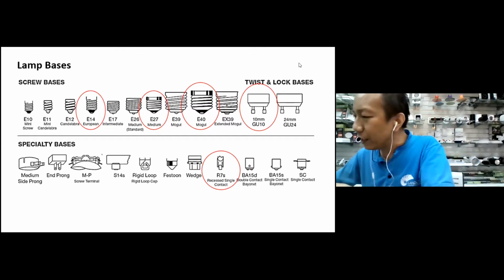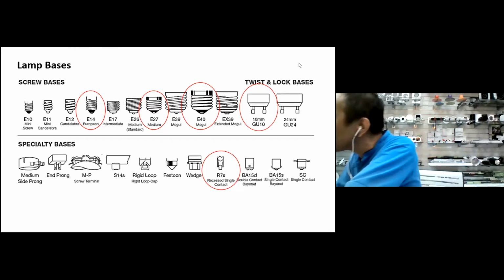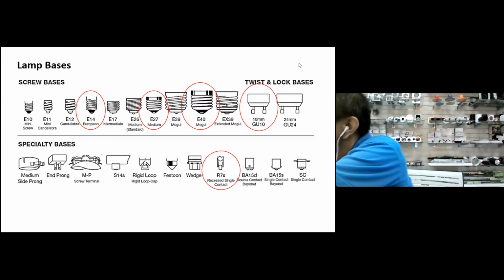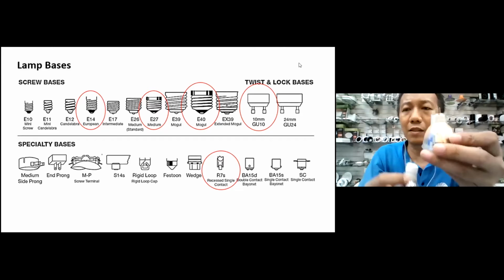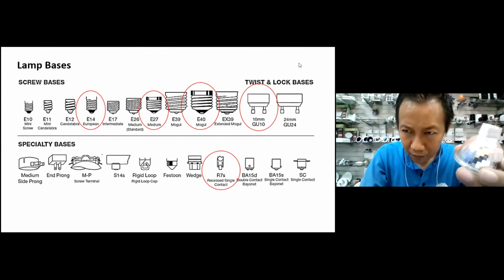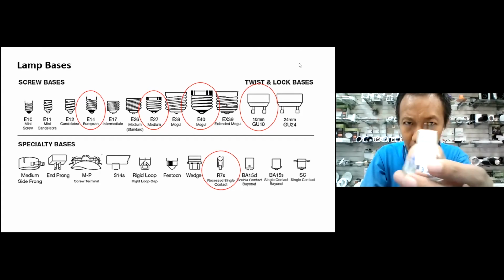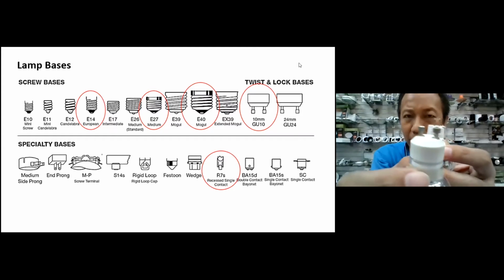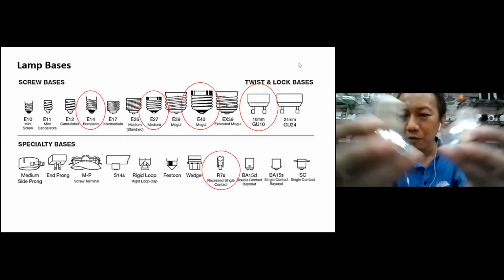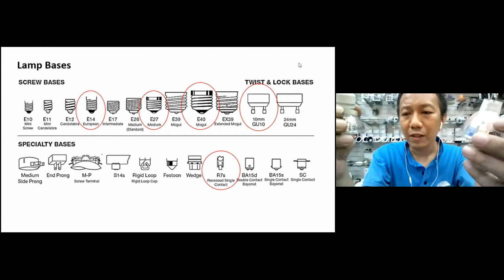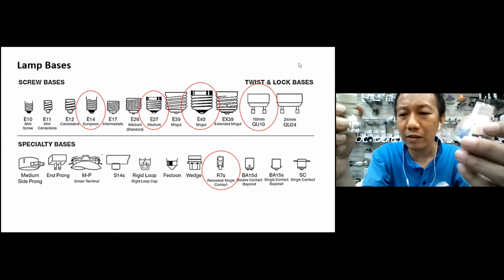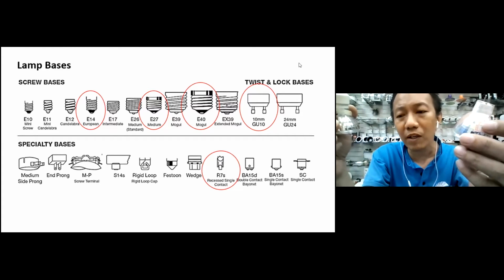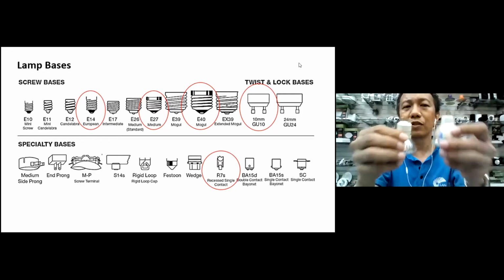So, it's either MR16 or yung GU10 ang usually choices sa mga small downlights. 3 watts, 5 watts, 7 watts, ganyan. So dito usually naglalaro.